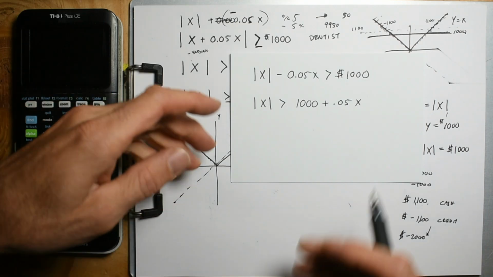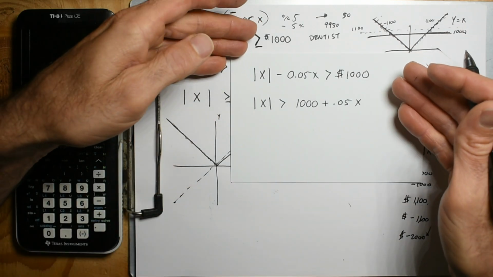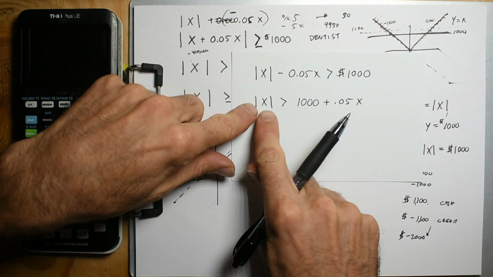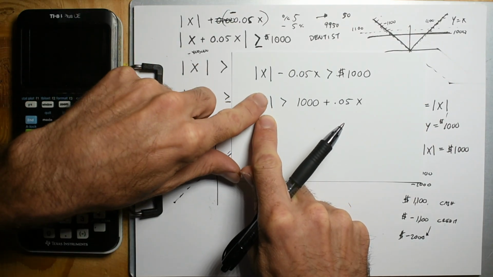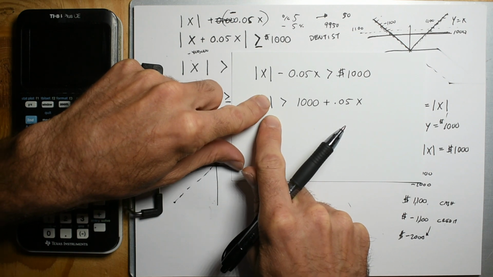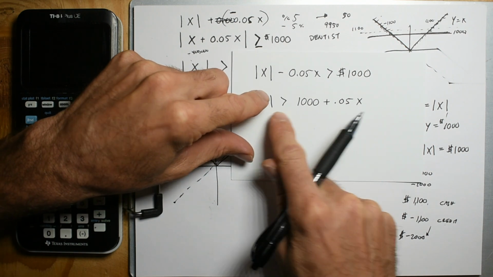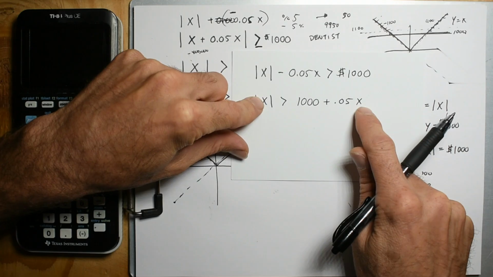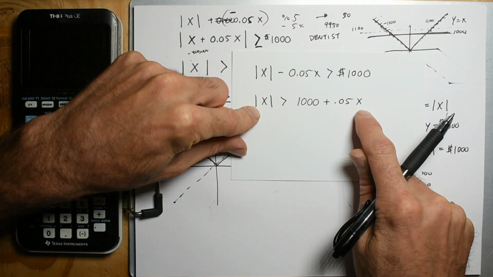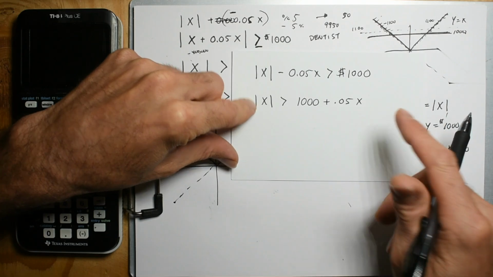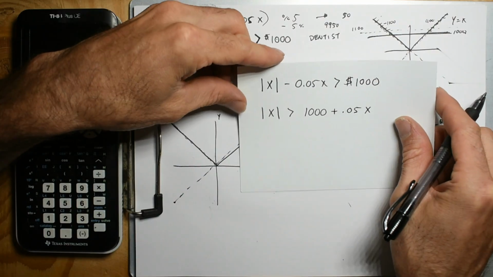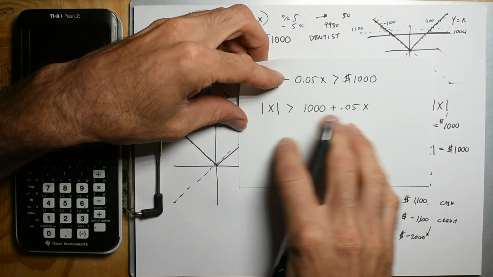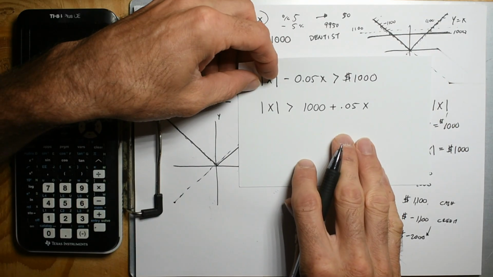All right, but I messed up my equation anyway, because if I throw in a negative $1,000, then this side will be bigger. Yeah, let's run with this. I watched a video on this, and let's see if I made a mistake. I don't know if I did. It's hard to tell.